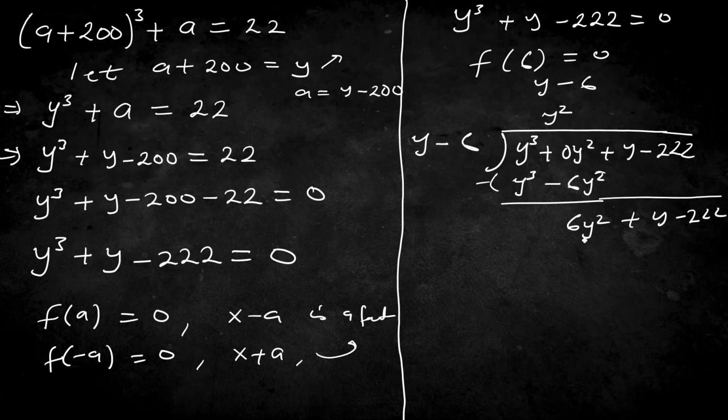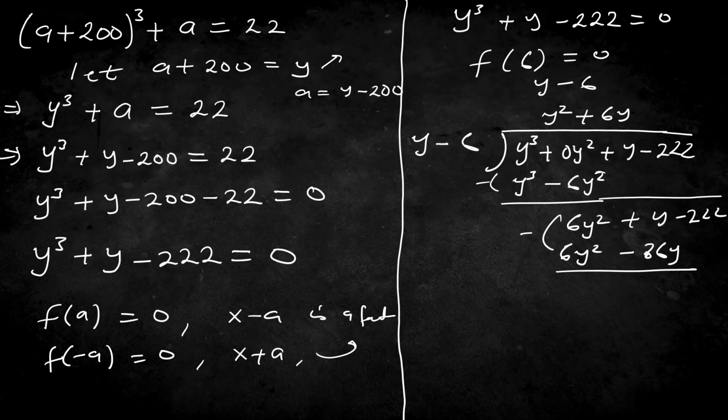y into this will be plus 6y squared minus 36y. Let's subtract this minus that, 0.